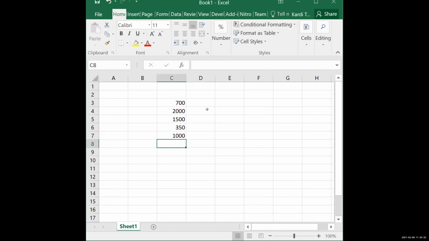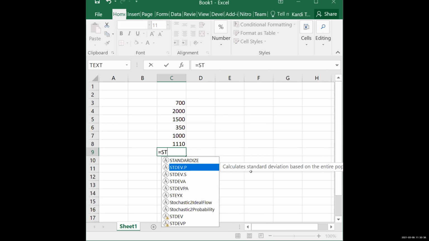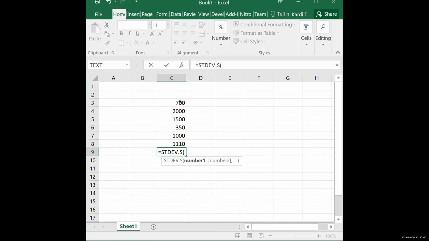Can you see this? So now I take the average, and I take the standard deviation of the sample.